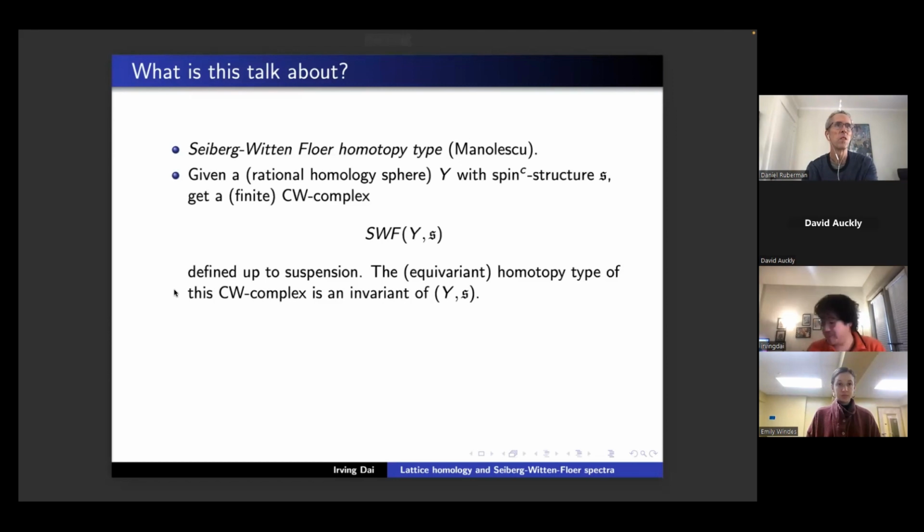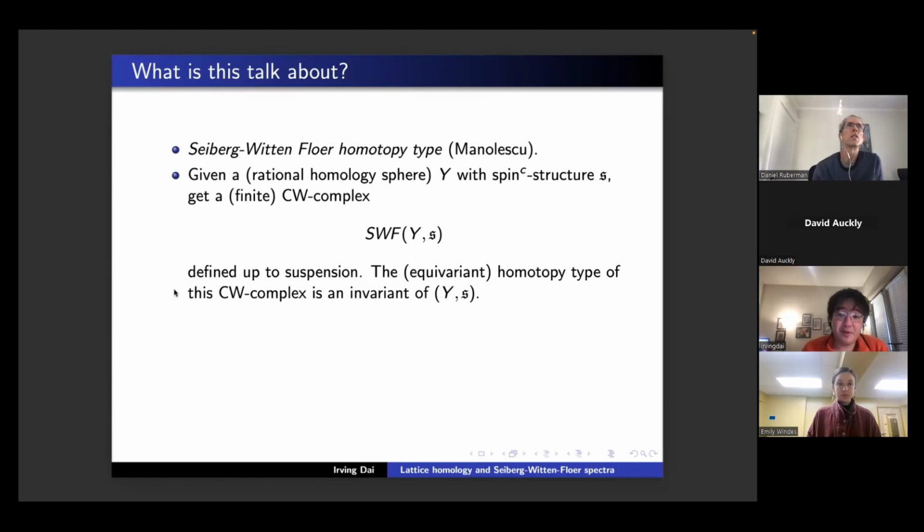I don't really think that I have to talk that much about what the Seiberg-Witten-Floer homotopy type is to the current audience, but let me briefly do so anyway. Given a rational homology sphere with a spin C structure, this is associated to the pair Y, s.